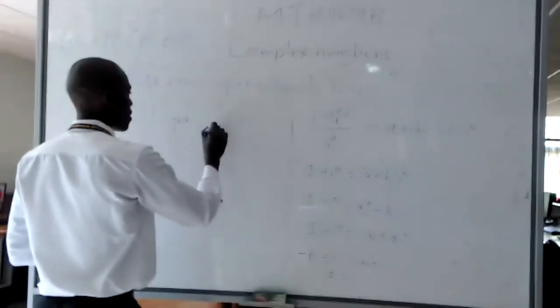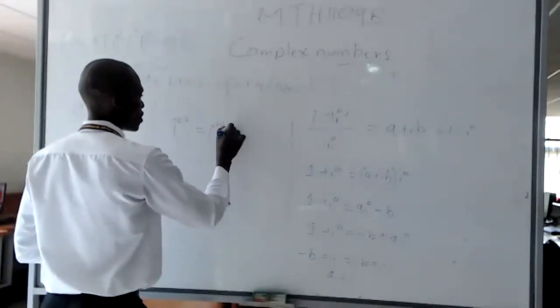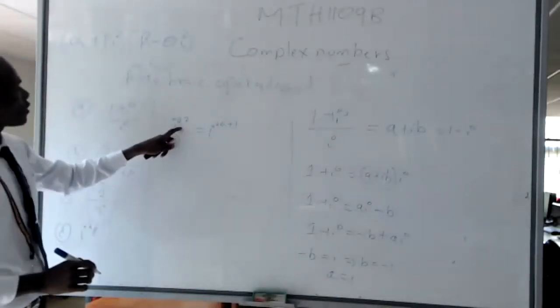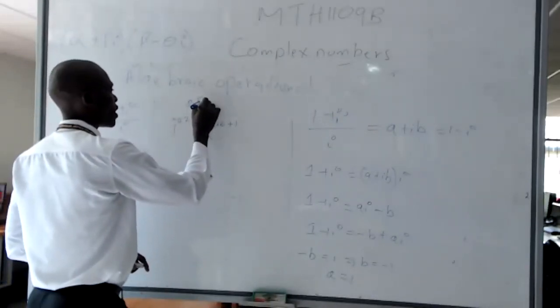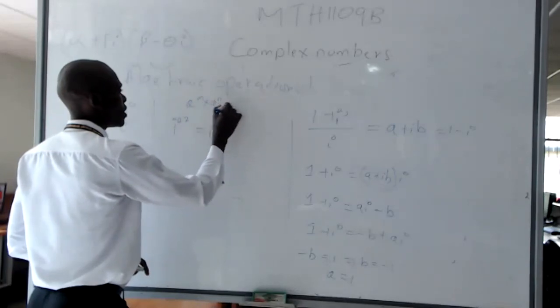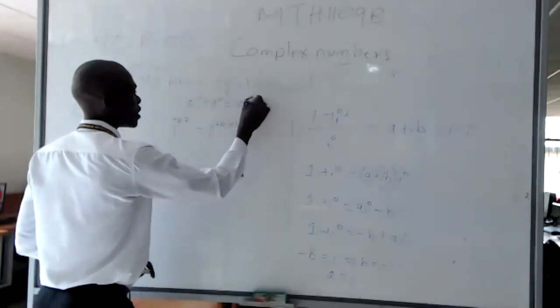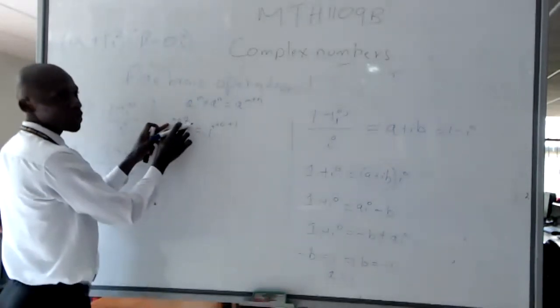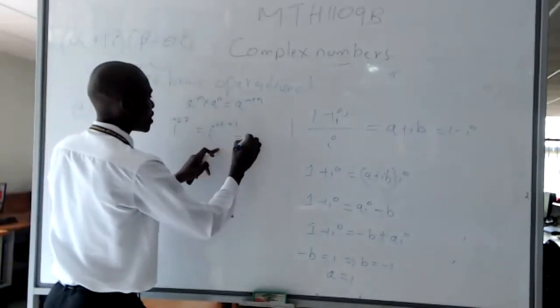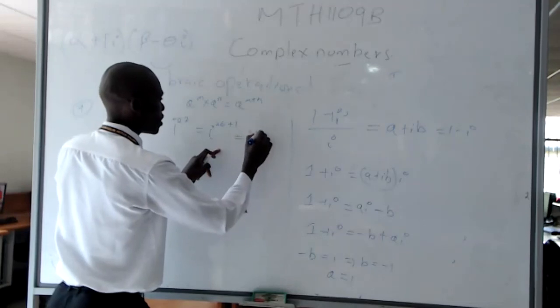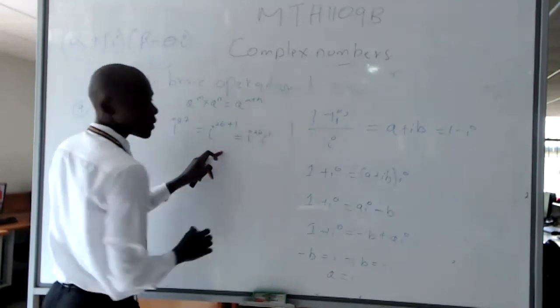This is the same as i power 26 plus 1, because 27 is the same as 26 plus 1. You remember the rule a to the n multiplied by a to the m is the same as a to the m plus n. So I've decomposed 27 as 26 plus 1, and this is the same as i to the 26 times i to the 1.